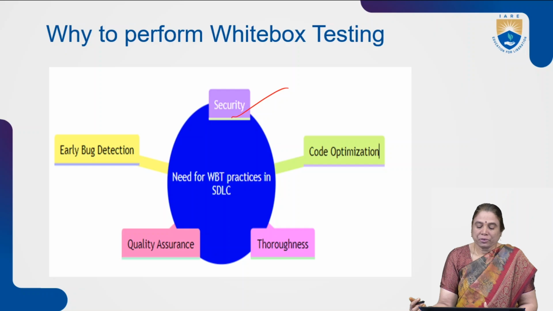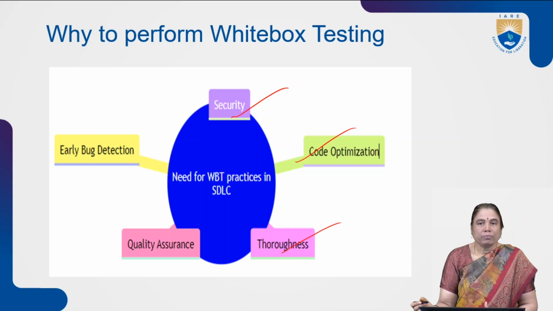and to avoid vulnerabilities and viruses during application development. The correct and optimized path is selected and tested, so that the code can be optimized and path redundancy is greatly reduced. Thoroughness: each and every path is tested, so thorough testing of the application is achieved.